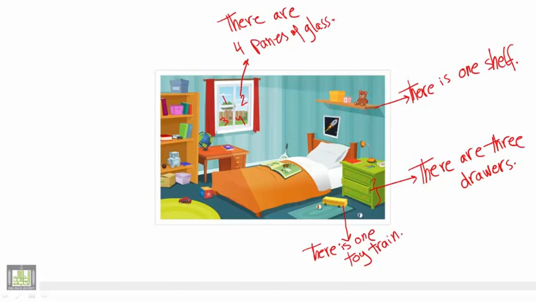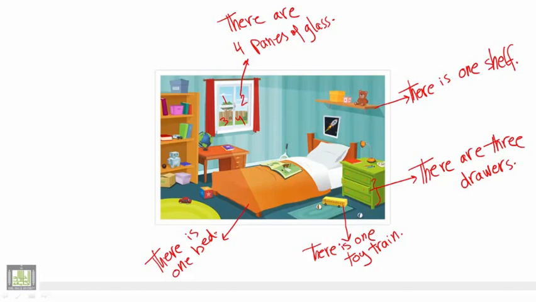Okay, again we have just one bed, سرير واحد. We use there is one bed because we just have one bed. هناك سرير واحد فقط.